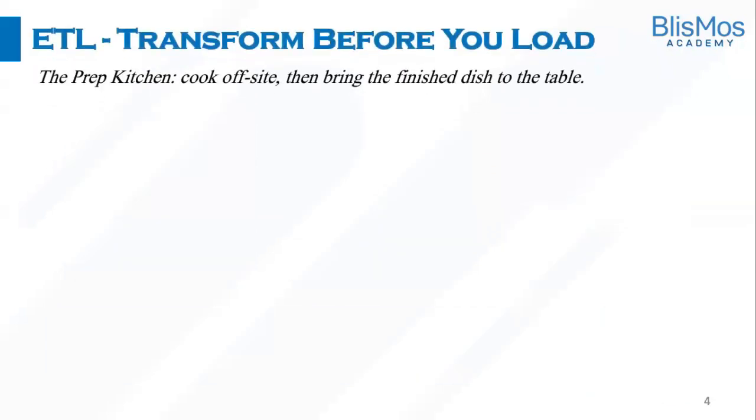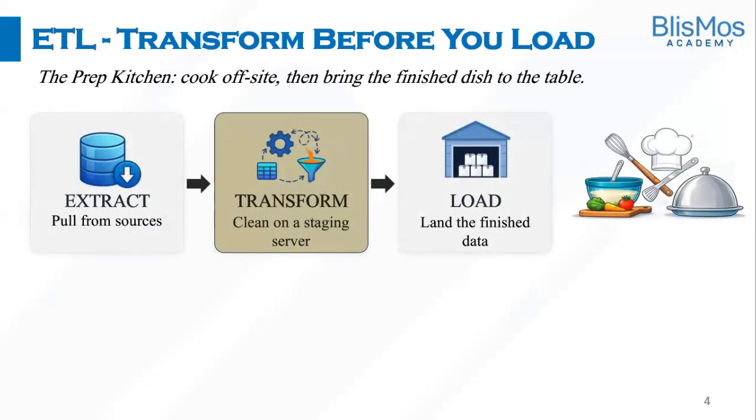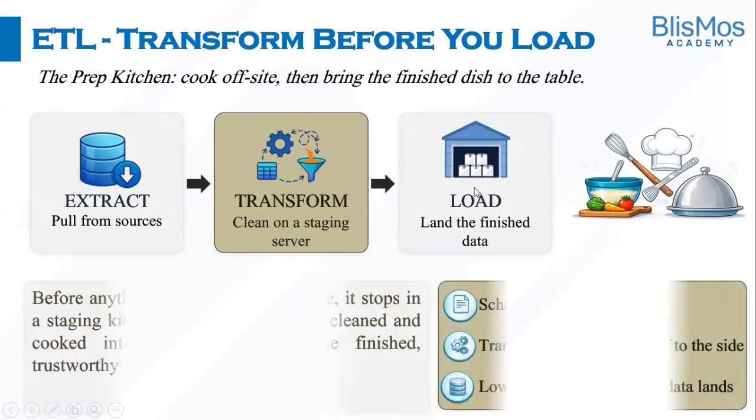So ETL, where transformation happens before load. Imagine a restaurant where food is fully prepared in a kitchen before it's served, where the cooking is done apart, and only the finished dish is served on the table. Similarly, here the data is cleaned and validated before it is pushed to the data warehouse.